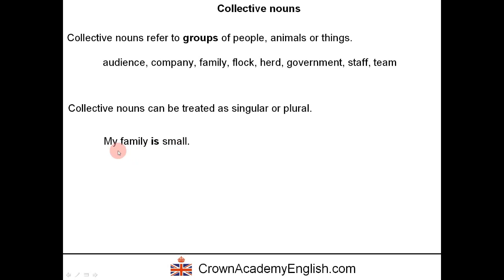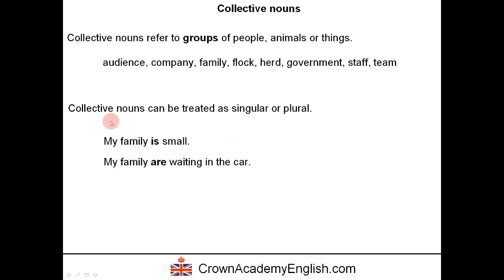So for example, we can say, my family is small. So in this sentence, we are treating family as a singular noun. And we know this because the verb be is also in the singular form. So here we are focusing on the word family as a unit. Okay, as a unit.